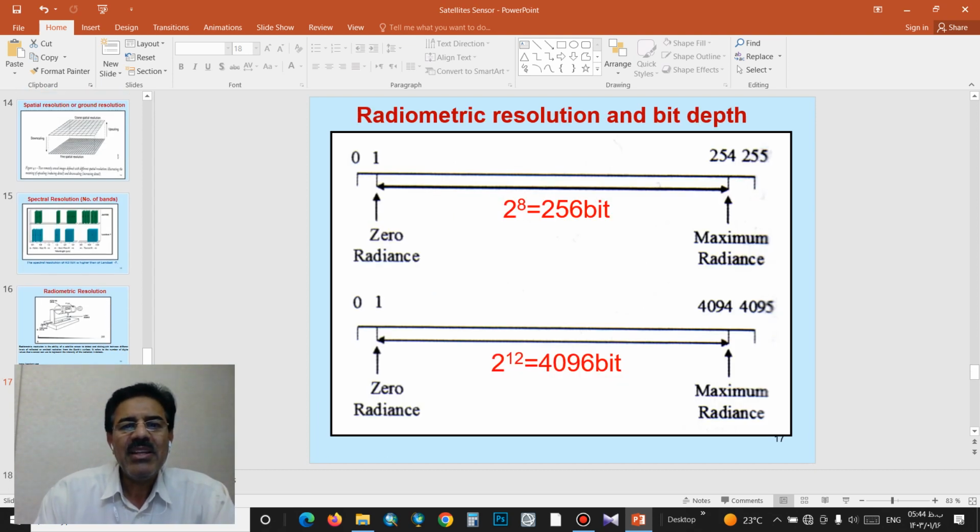This slide is showing radiometric resolution and bit depth. Top, 0 to maximum radiance equals 255, and below, 0 to maximum radiance, or 1000 or 95. So the below part is the highest radiometric resolution.